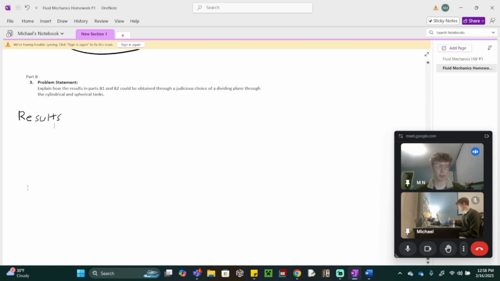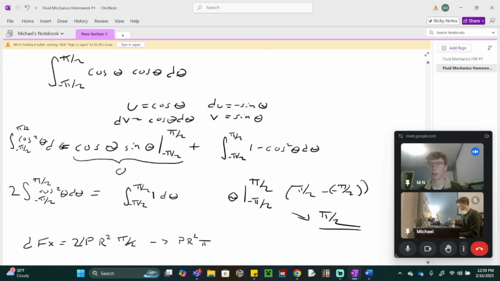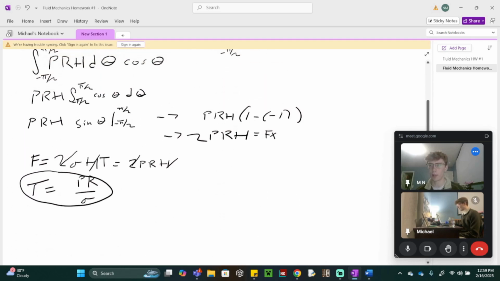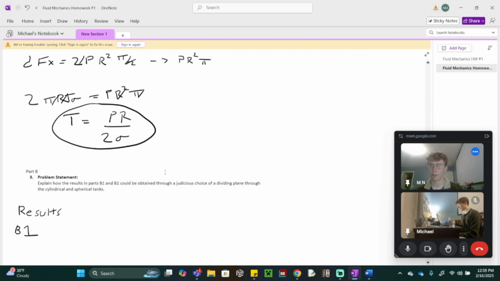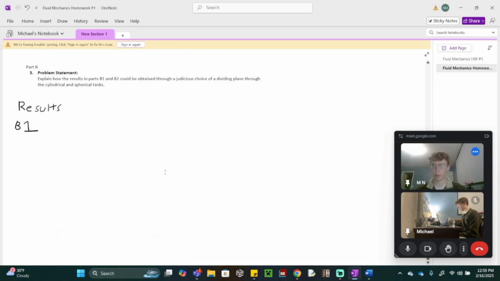B1 was our cylindrical tank, and let's scroll up to see those results. It was 2 sigma h t equal to 2 p r h.